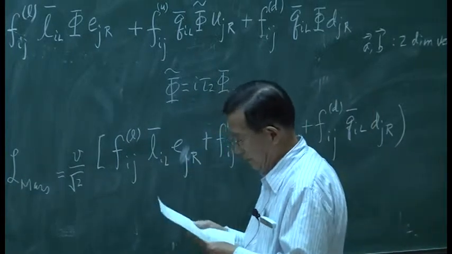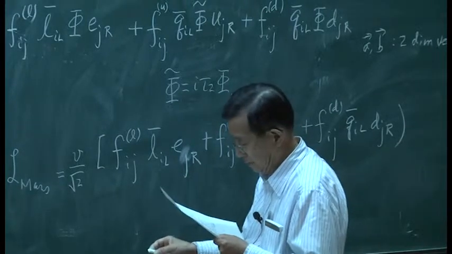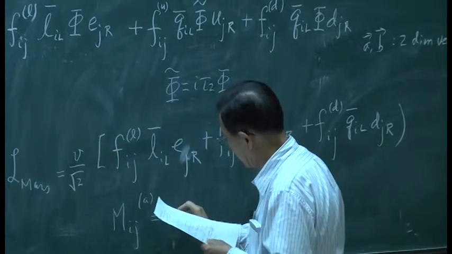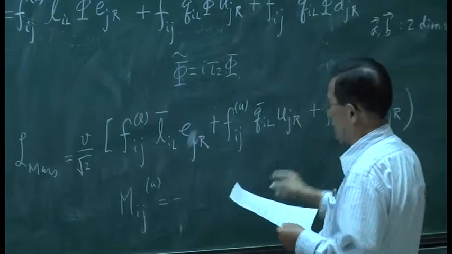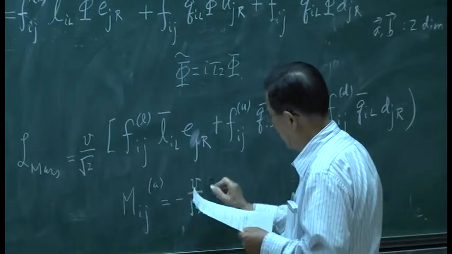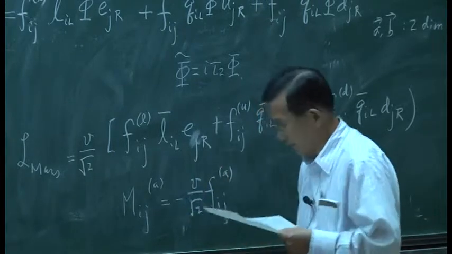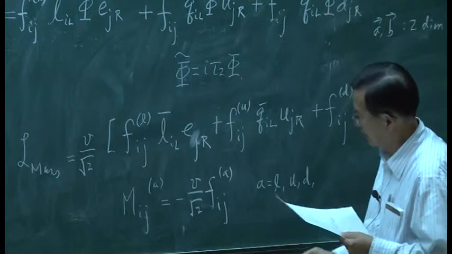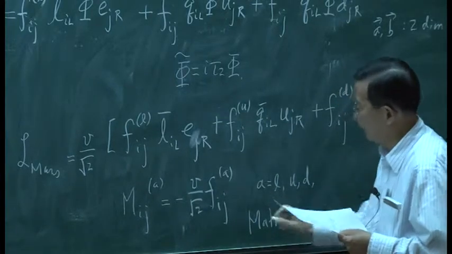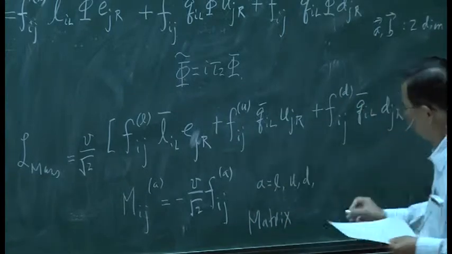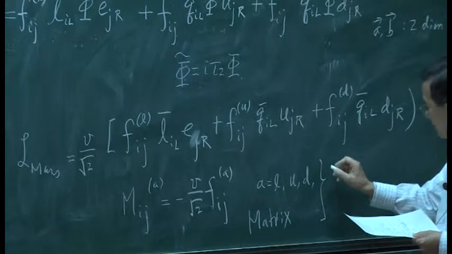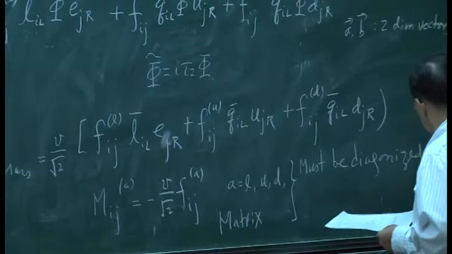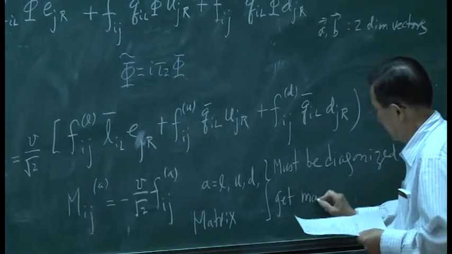So the mass matrix M^A_IJ will be equal to minus v over square root of 2 times F^A_IJ, where A means this or that, equal to L, U, D. So it's a matrix, and it must be diagonalized to get the mass eigenstates.